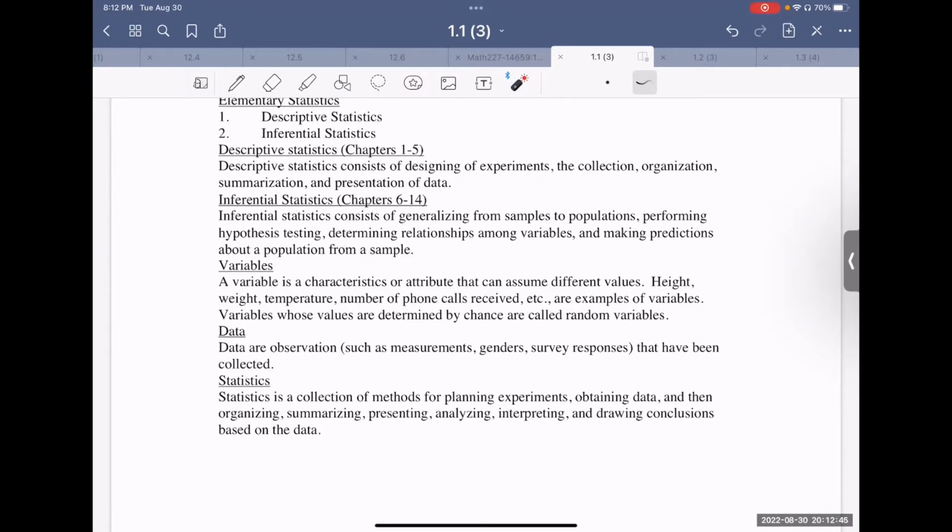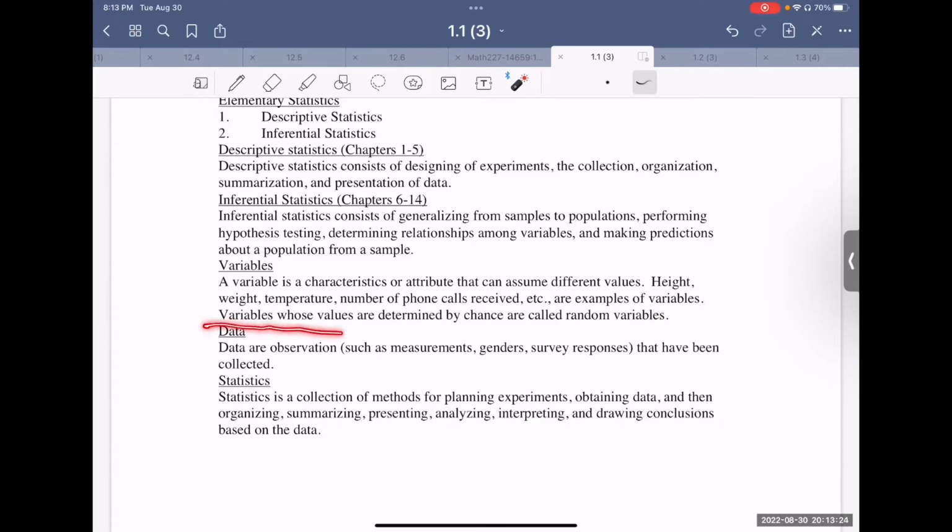At the beginning, some of these definitions will be less specific than they should be, but until you have enough general background, I first need to give you hand-waving terminologies before I can give you more specific terminology. So a variable is a characteristic or attribute that can assume different values, such as height, weight, temperature, a number of phone calls. These are examples of variables.